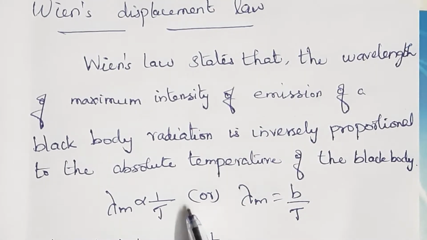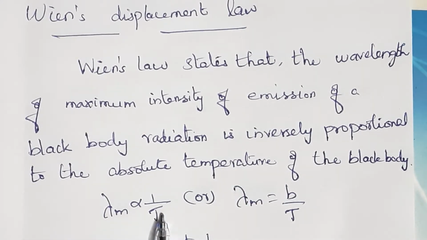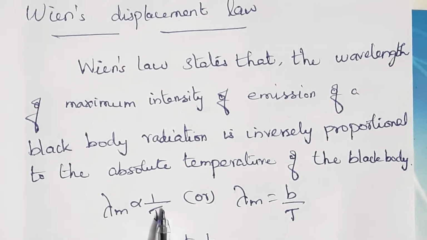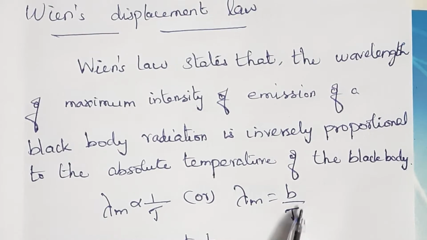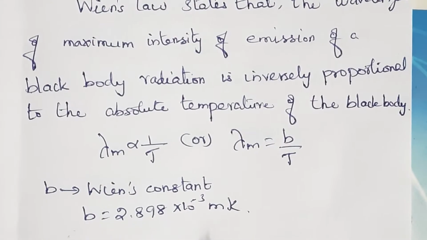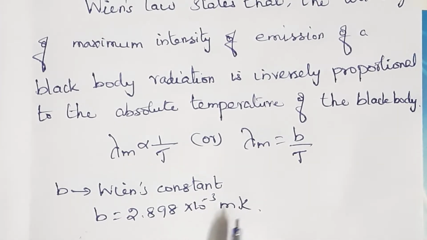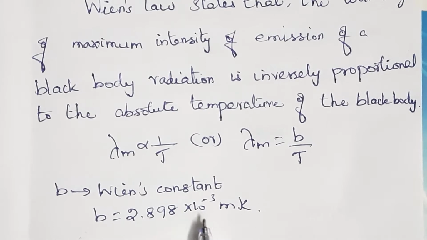So lambda m is proportional to 1 by T, or lambda m is equal to B by T, where B is known as Wien's constant. The value was found to be 2.898 into 10 power minus 3 meter Kelvin.